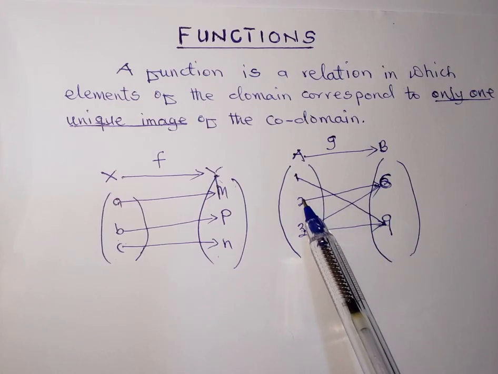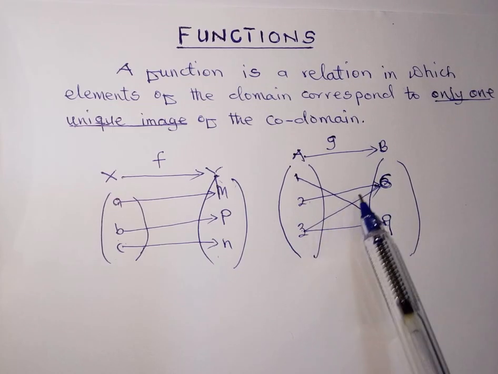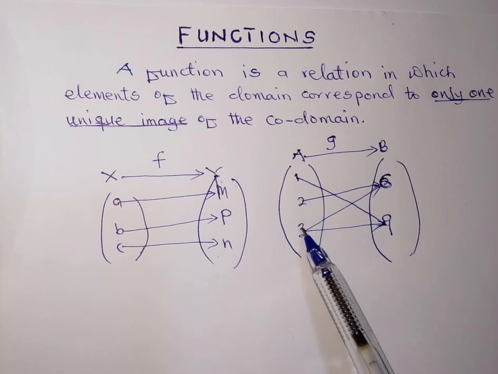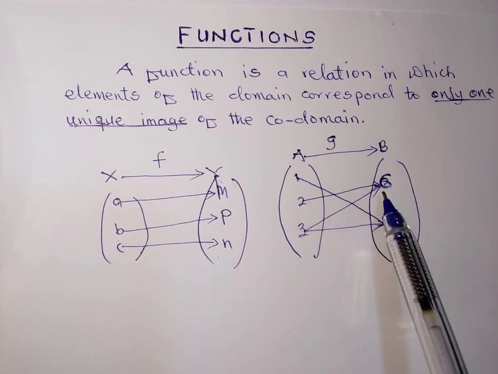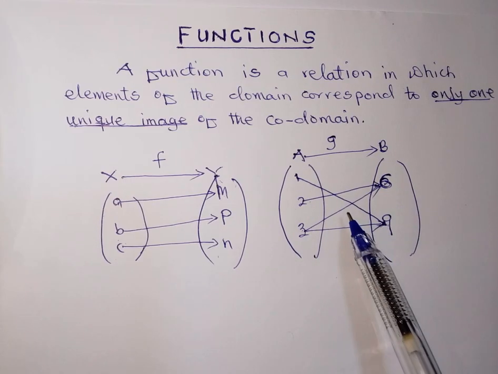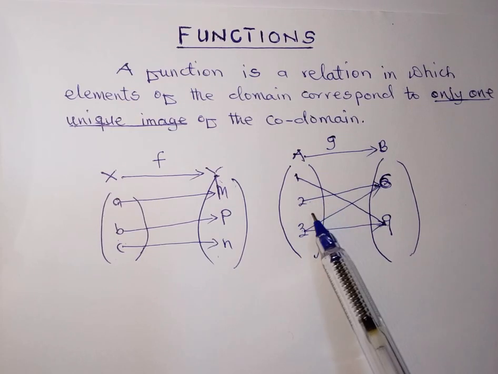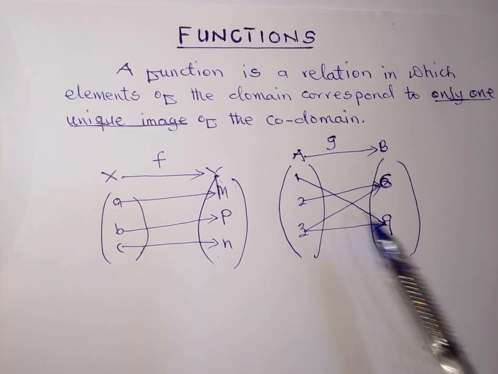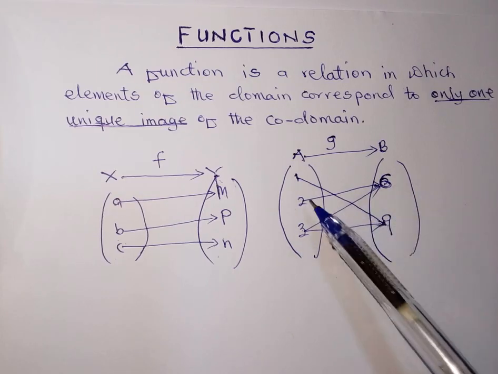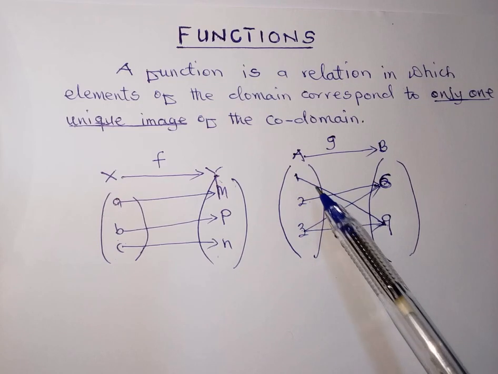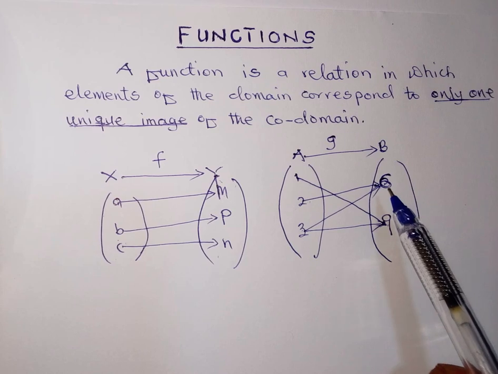The same way, we have 2 mapping onto 6, and 3 also mapping onto the same 6. Here too, we have many elements of the domain corresponding to only one element in the codomain. So this is a many-to-one relation. All we are saying is that you can have as many elements in the domain mapping as you like, but they must map onto only one.